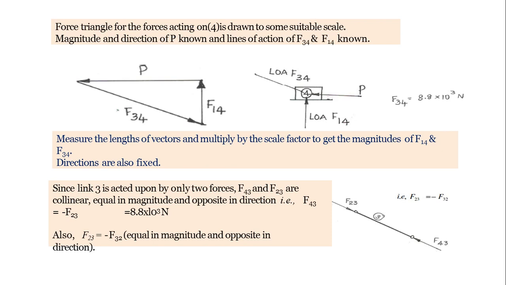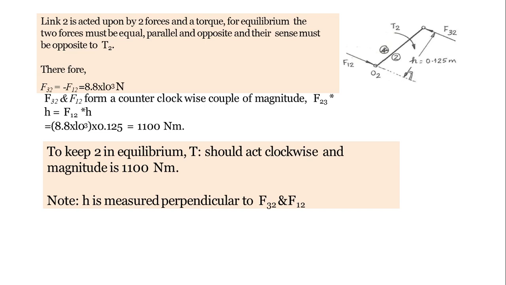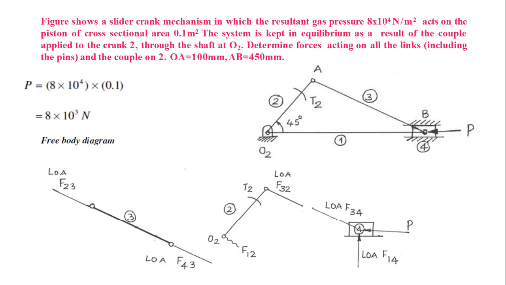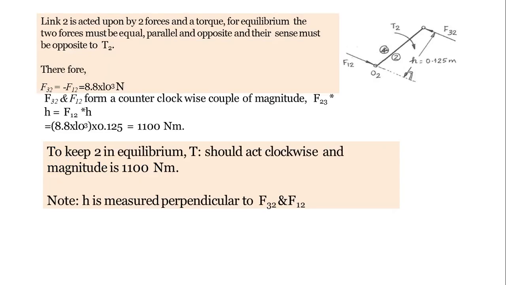So finally you get the value of F32 or minus F12 as 8.8 into 10 to the power of 3 newtons. If you multiply by the perpendicular distance, here the value of H will be around 0.125 meters, and multiplying you get 1100 Newton meter. So that will be the final torque.